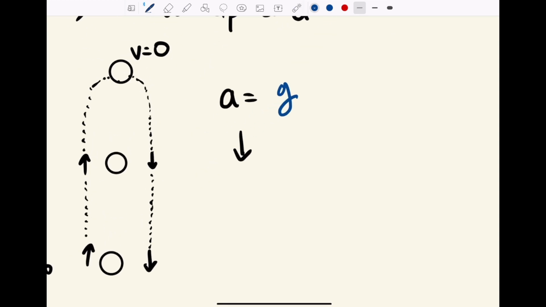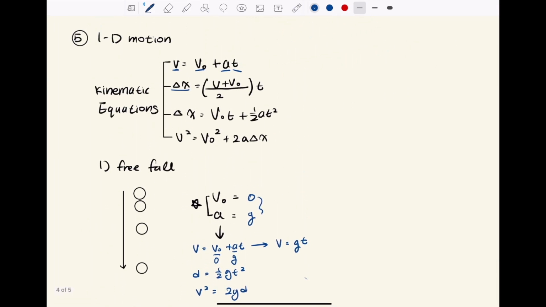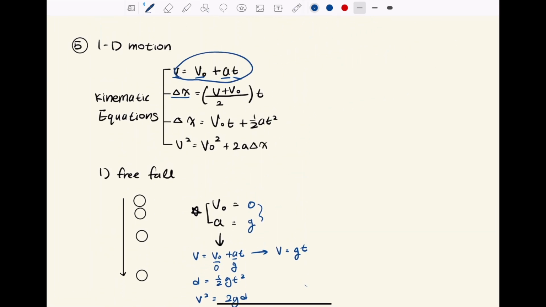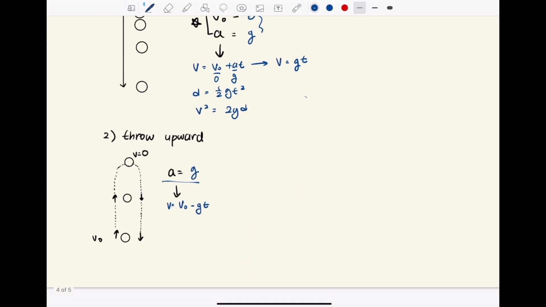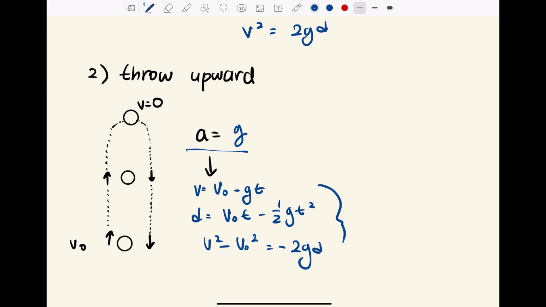So from this, we can derive 3 equations, which is V equals V initial minus GT. That's the equation derived from the equation right here, where we replaced A with G. And by the same logic, we can do D equals V0T minus 1/2 GT squared, and V squared minus V initial squared equals minus 2GT. So these equations are only applicable when the motion is throwing upward.